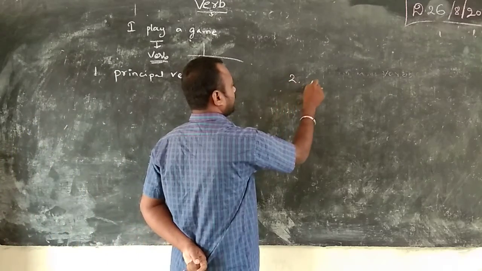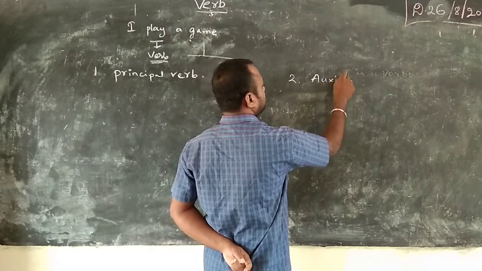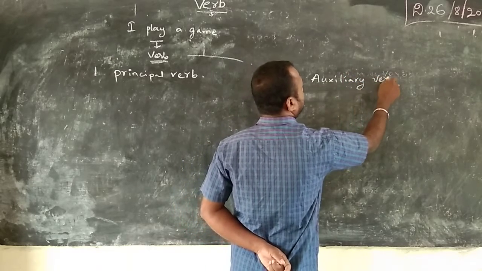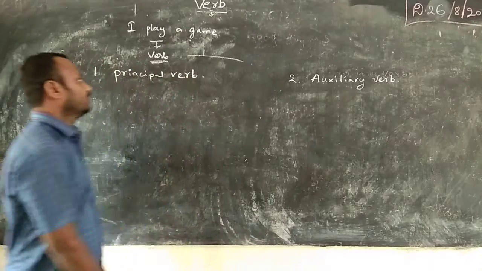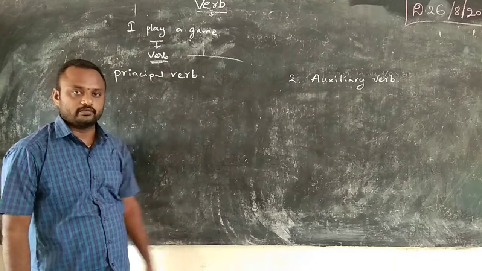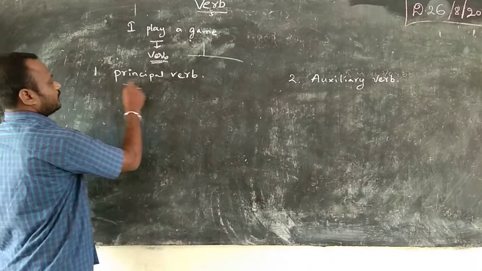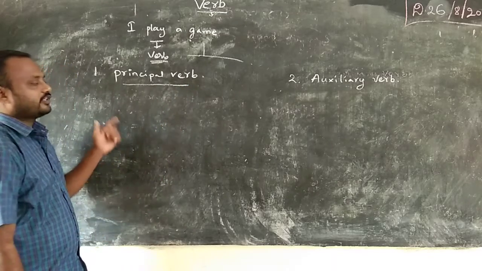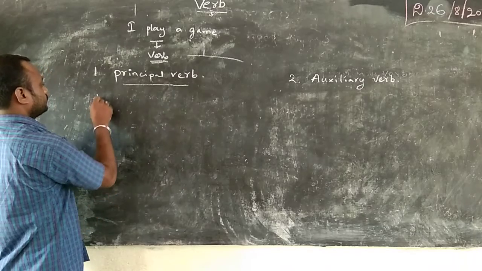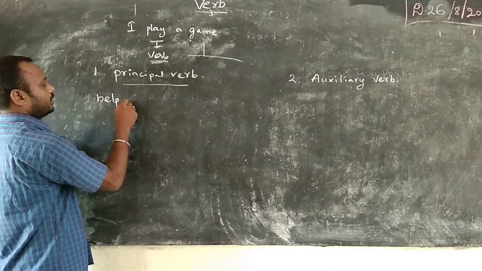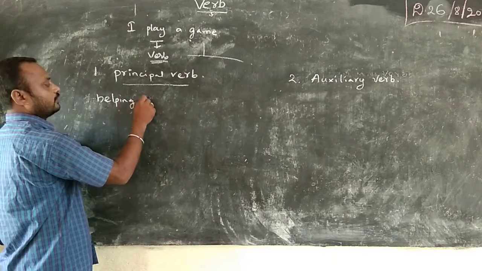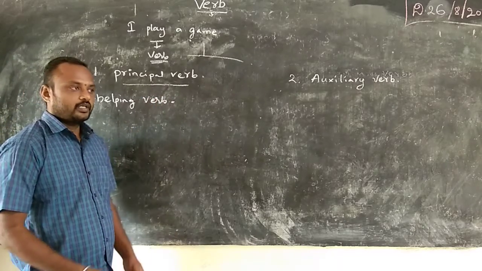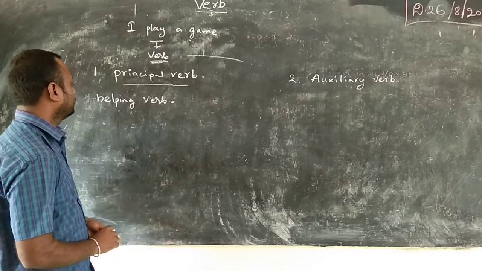Second one is auxiliary verb. A principal verb is a word that comes after a helping verb. Words that come after a helping verb are called principal verbs. It denotes an action word.